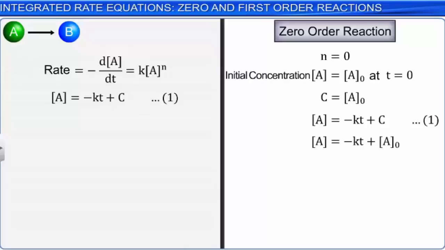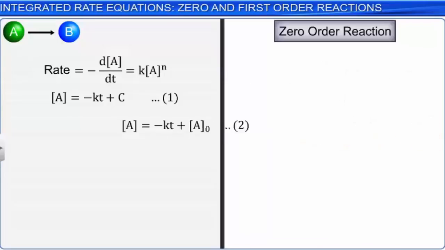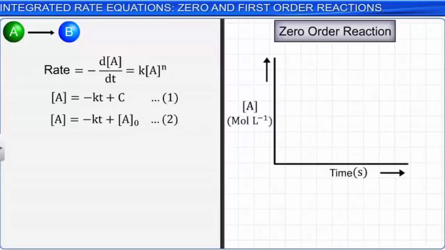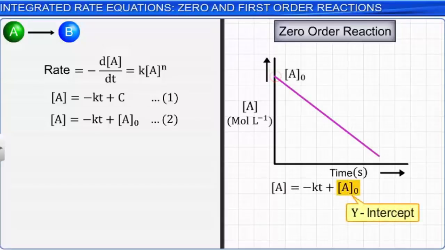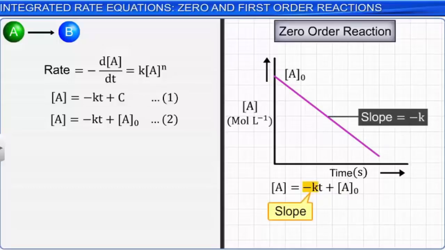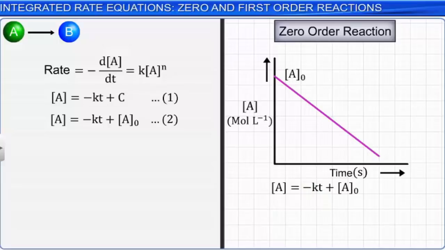Let this be equation 2. If we plot this equation on the concentration of A versus time graph, we get a straight line with the y-intercept as the concentration of A0 and slope minus K. We can calculate the value of K by rearranging equation 2. Therefore, K is equal to A0 minus A divided by t.